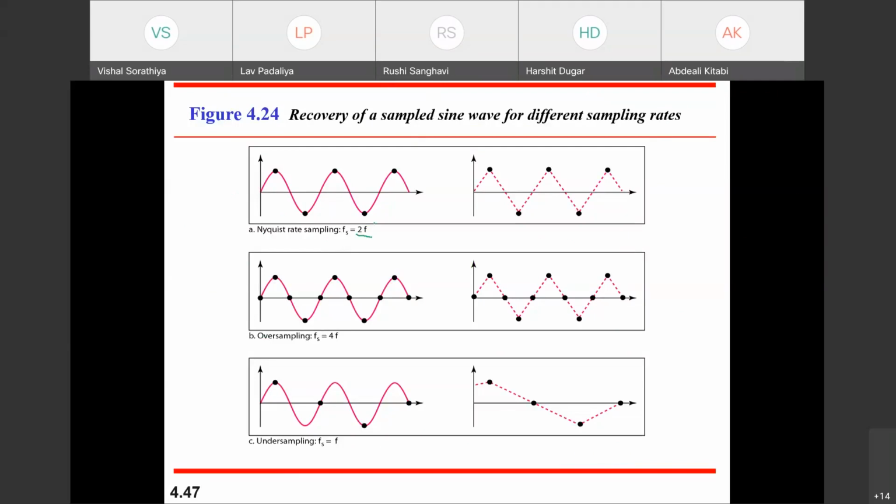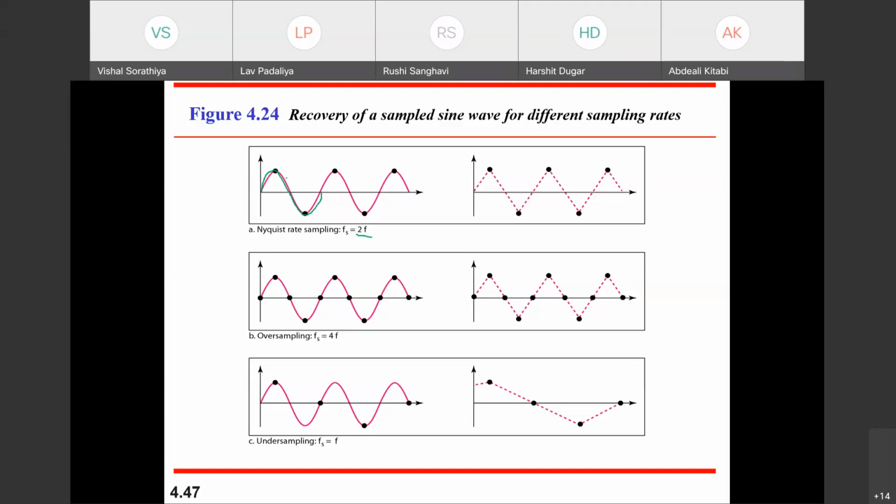What do you mean by twice f? Let's say in one particular cycle, at least 2 samples you are supposed to take. Or in another manner, you can say, let's take your signal frequency as 1 kilohertz. Then your sampling frequency must be at least 2 kilohertz, minimum 2 kilohertz.